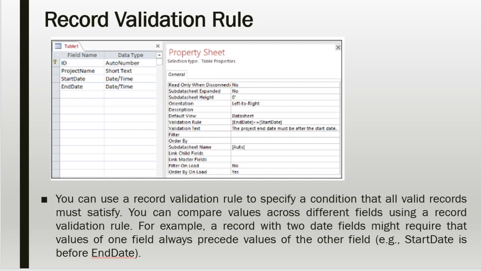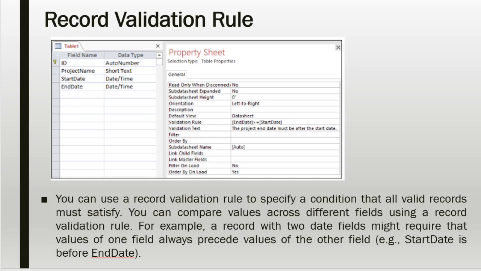Record validation rule. You can use a record validation rule to specify a condition that all valid records must satisfy. You can compare values across different fields using a record validation rule. For example, a record with two date fields might require that values of one field always precede values of the other field. So start date is before end date.